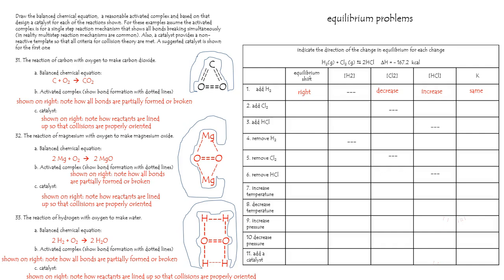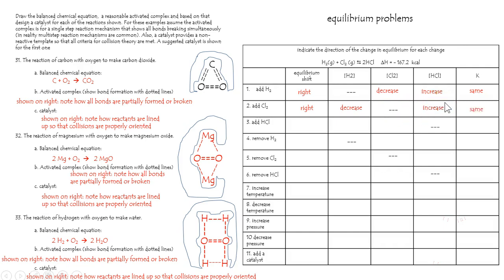For adding chlorine, that's also a reactant, so same deal, right? It's asking for hydrogen. That is the reactant, so it will decrease its concentration. We're not going to talk about chlorine really because you're adding it, which by definition increases its concentration, while at the same time it shifts the reaction to the right, so it could be a wash.